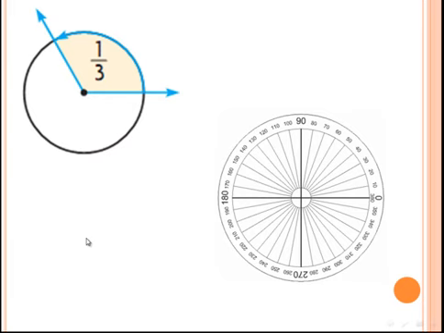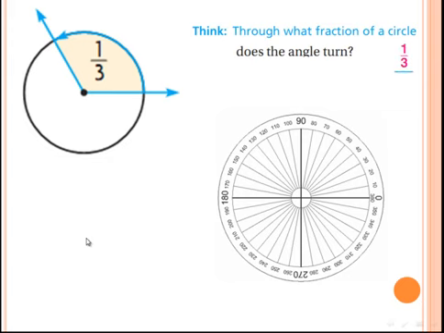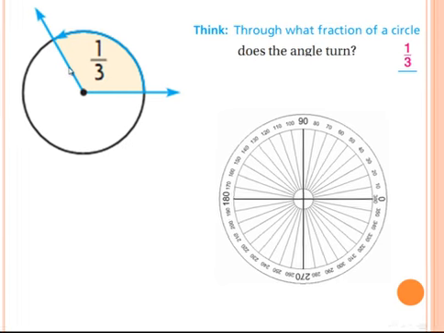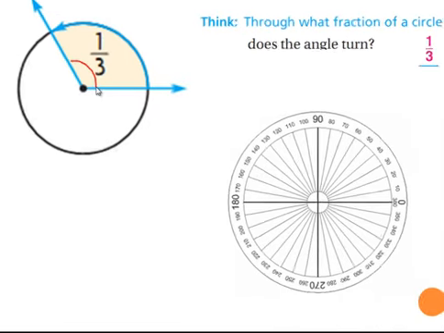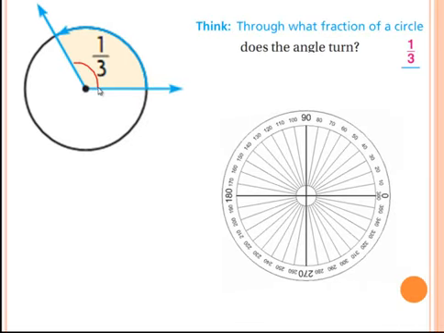Which fraction represents the shaded part? Exactly, 1/3. 1 over 3. Yes. 1 over 3 here means what type of angle can you see? Exactly, obtuse. Great job.